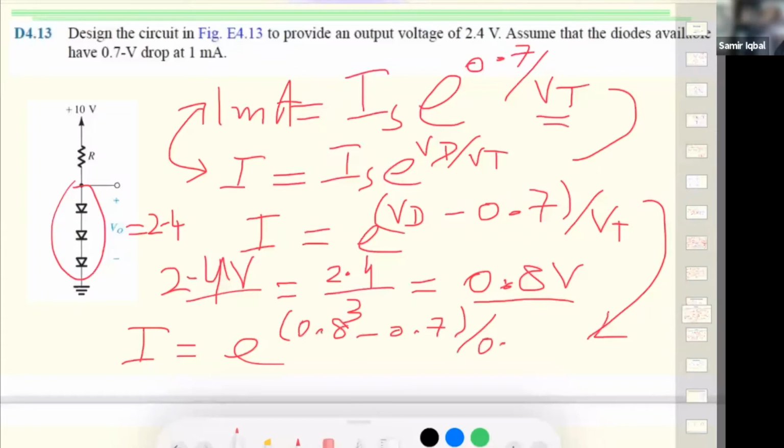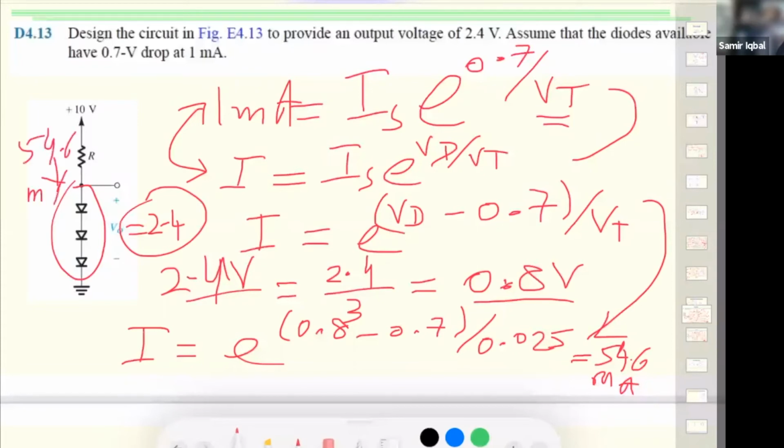Since we are using the others in volts, we'll use this in volts as well. That gives us 54.6 milliamp. So to achieve this, we have to have a current of 54.6 milliamp.